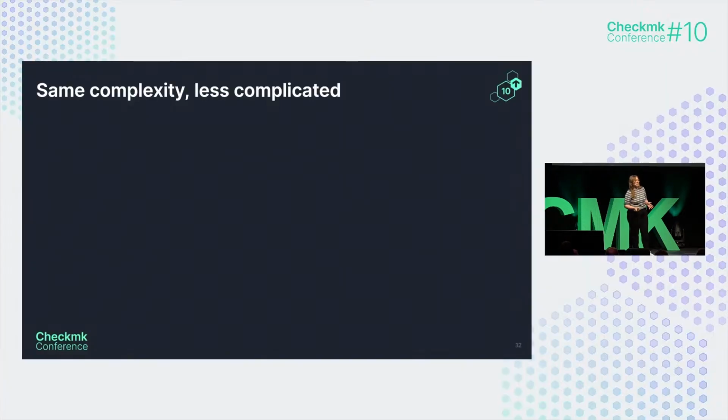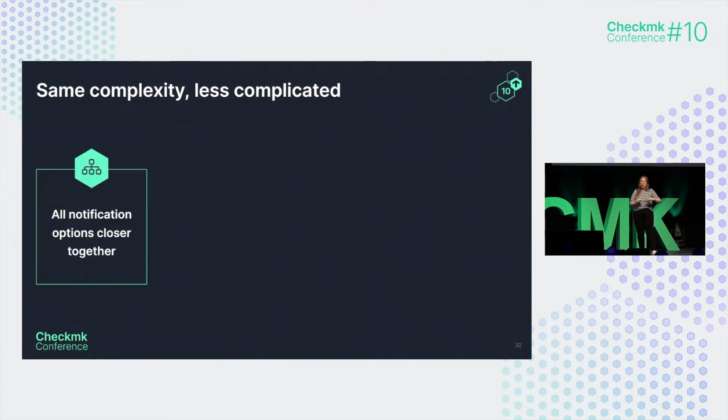So to summarize, there's still a lot of ideas that we have floating around, and talking to you also inspired me a lot. But to summarize, what we want to achieve with the notification rework project is to keep the flexibility and the power, but make it less complicated.